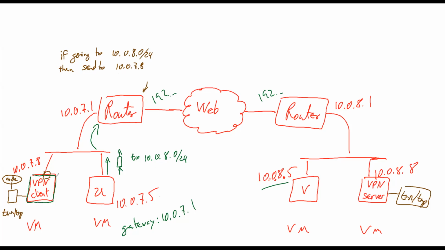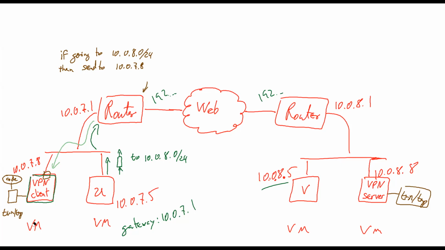So in that case, the router sends the packet to this machine here. This machine receives that packet, and now what's the issue? It needs to know what to do with it. Well, as it turns out, that's also a routing rule.